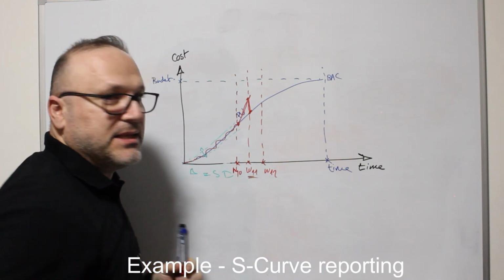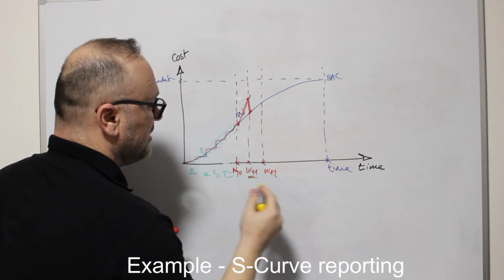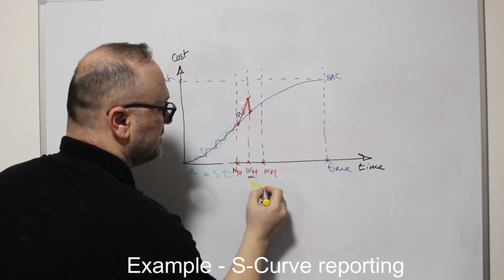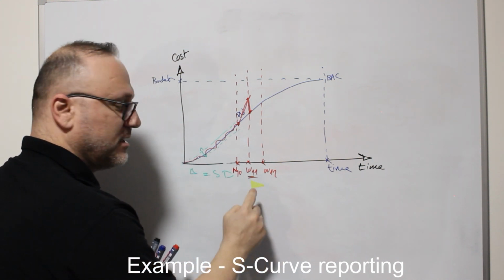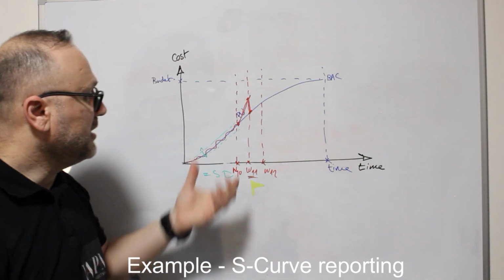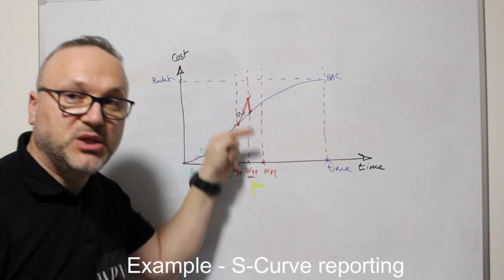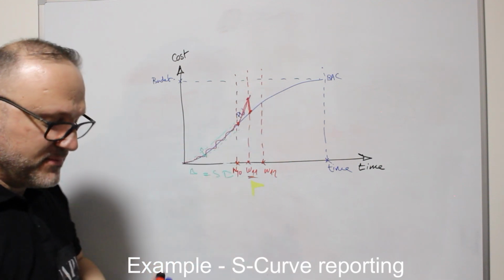So we need to set a plan. The risk is set, and a yellow flag should be highlighted. And the risk response should be applied. The contingency reserve for the identified risk should be used to reduce the actual cost and go back to the plan.